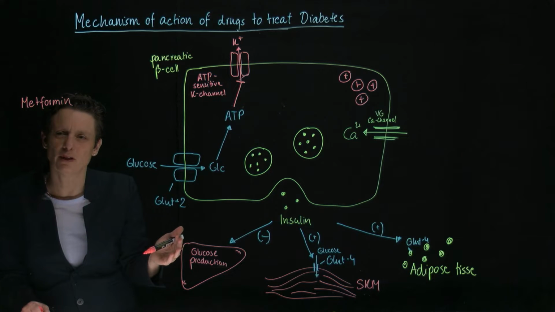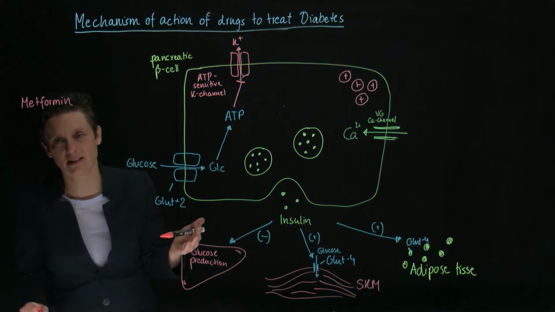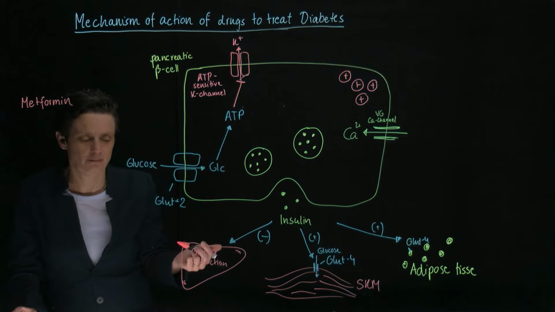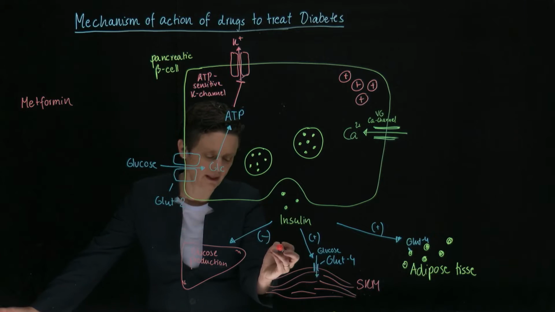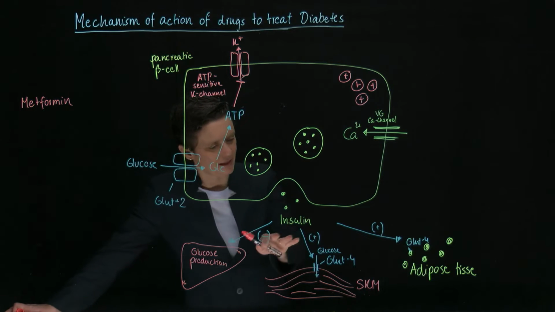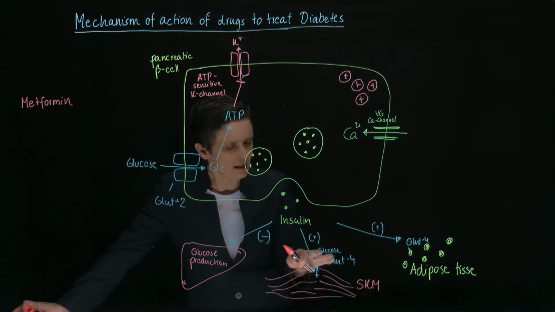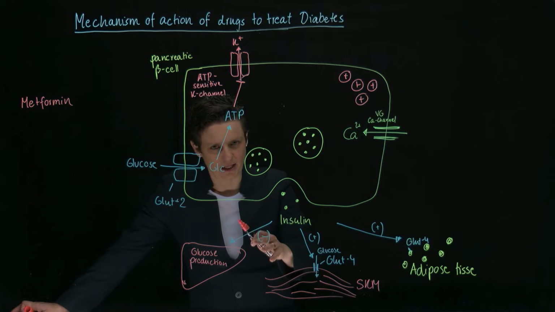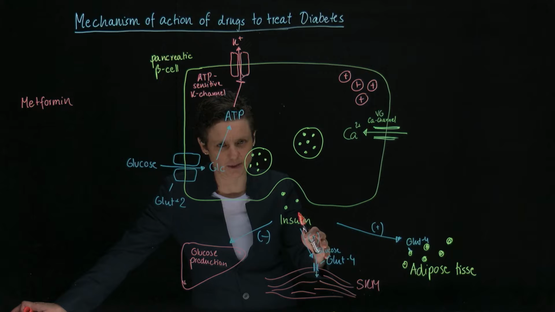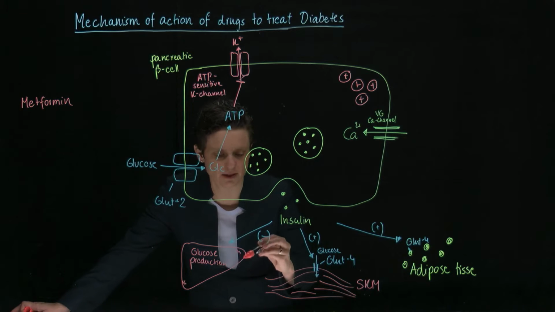And what it does, it affects a kinase, AMP kinase. And what is interesting is that metformin kind of does, in part, similar things to what insulin does. The signaling pathway of AMP kinase converges with insulin signaling.